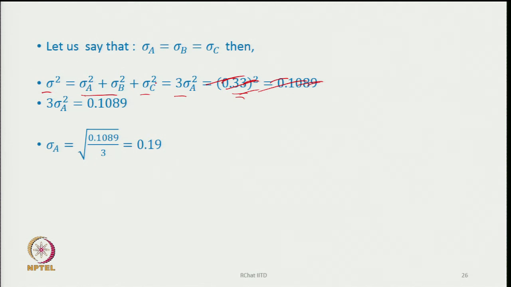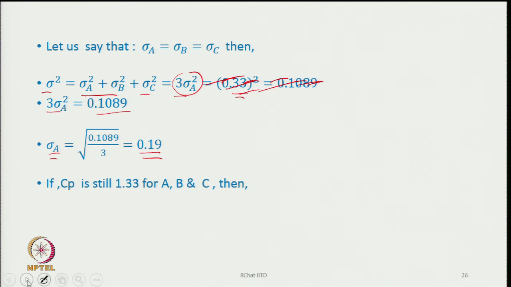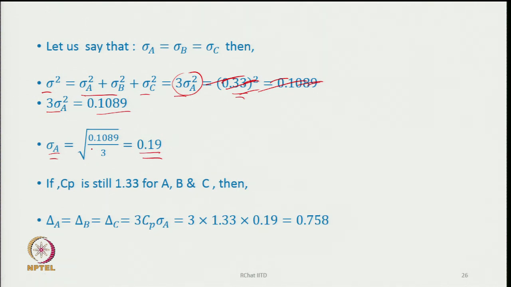If they are all the same, then this is equivalent to 3 sigma square. So, 3 sigma square is 0.1089, and therefore, sigma A has to be 0.19, and the same is going to be sigma B and sigma C. So, sigma A is 0.19, sigma B is also going to be 0.19 and sigma C also going to be 0.19.